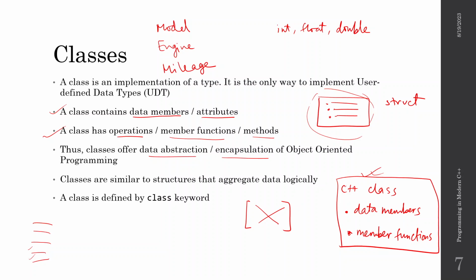They should not be made public to other classes or functions, because that might create errors in the class's operation. So a class allows us to hide these data members from external functions. It also performs encapsulation, meaning that the class's data members and member functions are defined as one unit. A C++ class is defined by the class keyword.